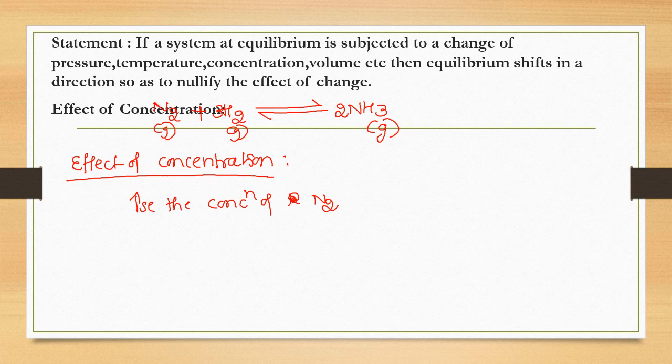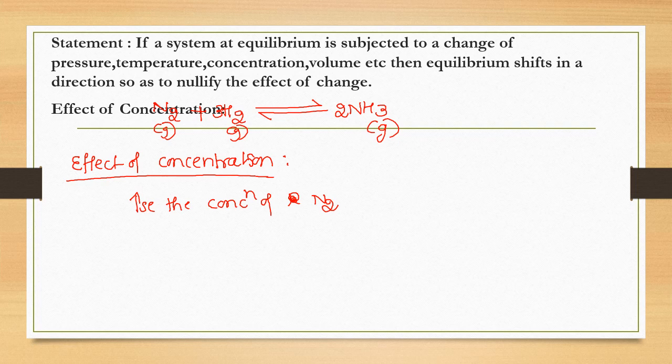That means the system gets disturbed, isn't it? For every process there is an equal and opposite process. What you study in physics: for every action there is an equal and opposite reaction.